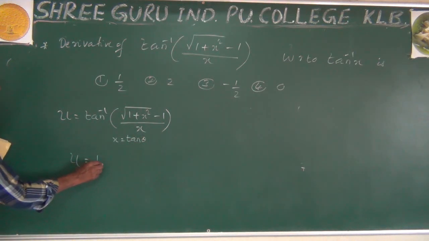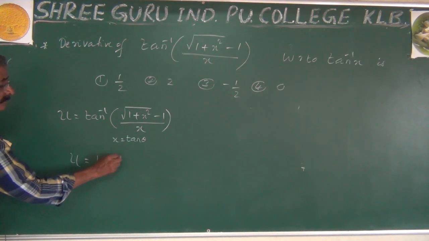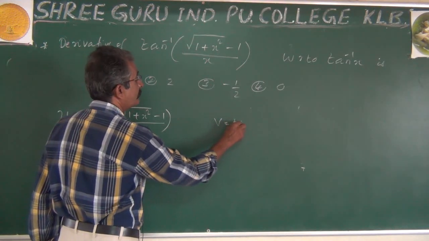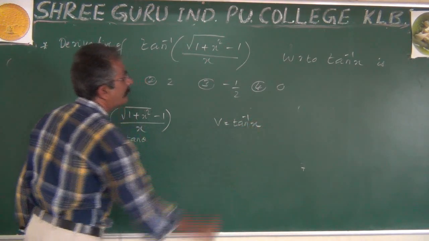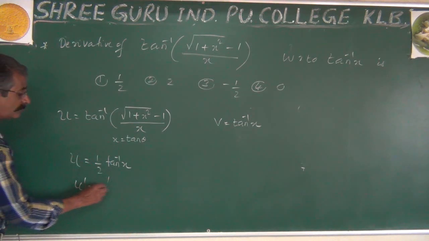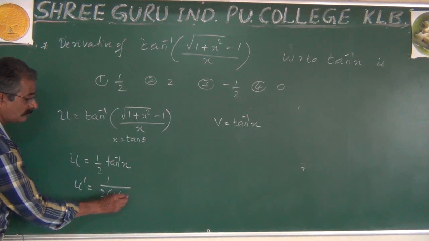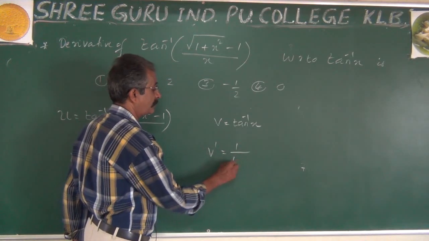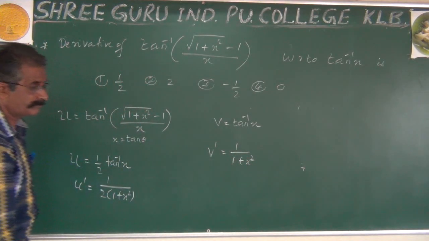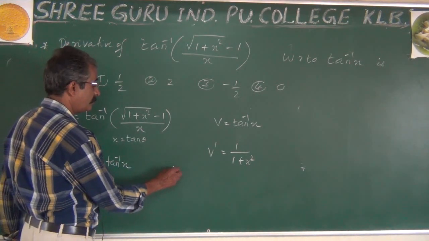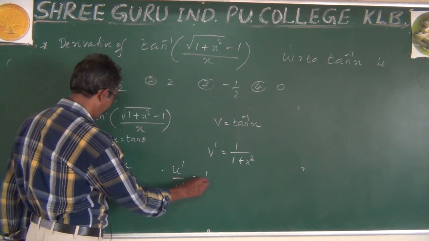Actually u becomes 1 by 2 into tan inverse of x, and v is tan inverse of x. So u dash, what is u dash? Differentiation of tan inverse x is 1 by 1 plus x square, total 1 by 2 into 1 plus x square, and v dash is 1 by 1 plus x square. Lastly, what is required? u dash by v dash, that becomes 1 by 2.